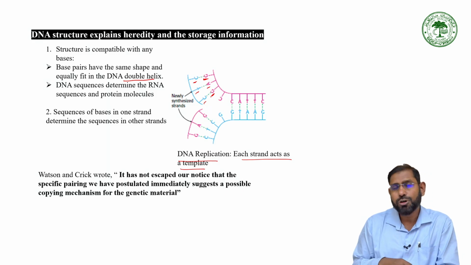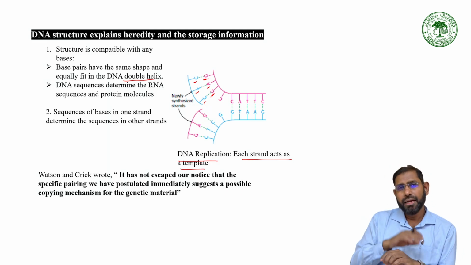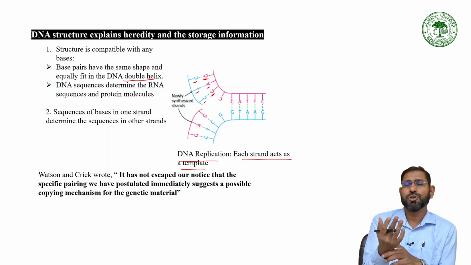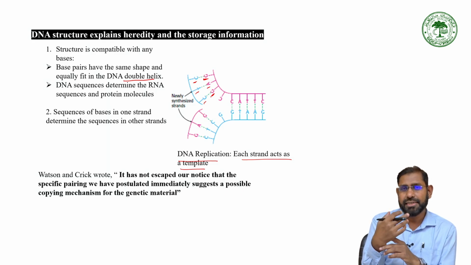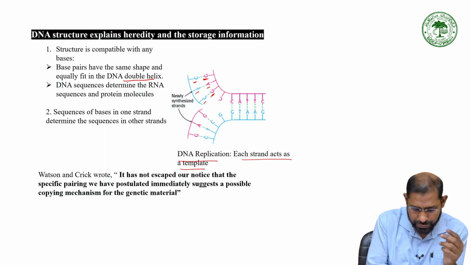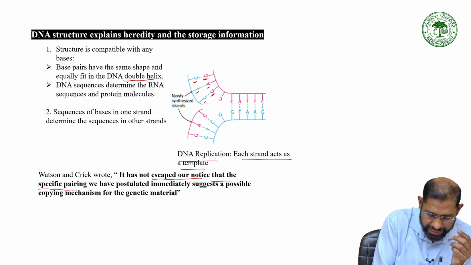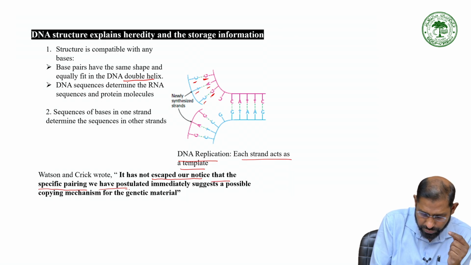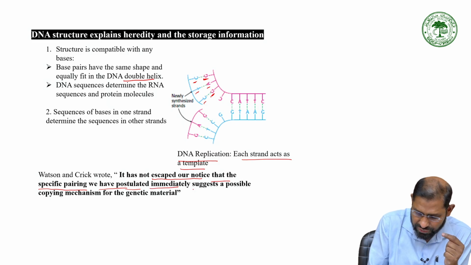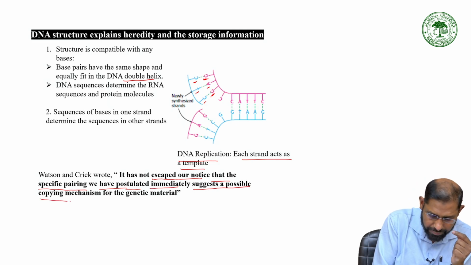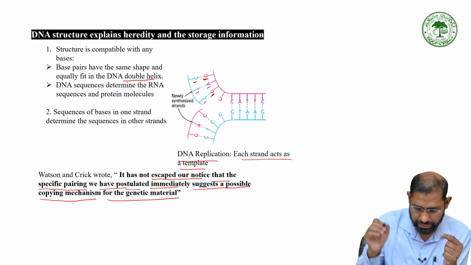When Watson and Crick identified the helical structure of the DNA, they wrote, "It has not escaped our notice that the specific pairing we have postulated immediately suggests a possible copying mechanism for the genetic material."